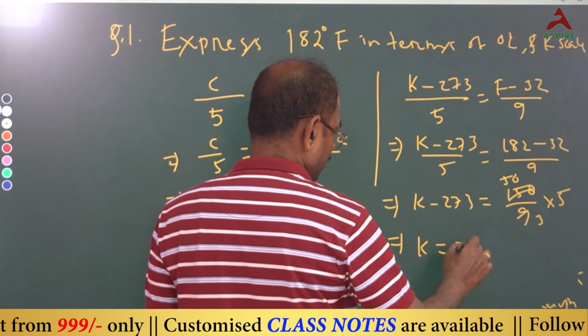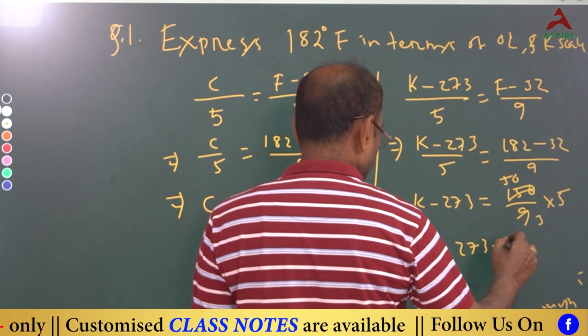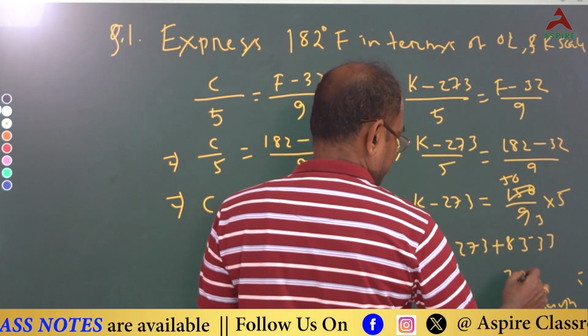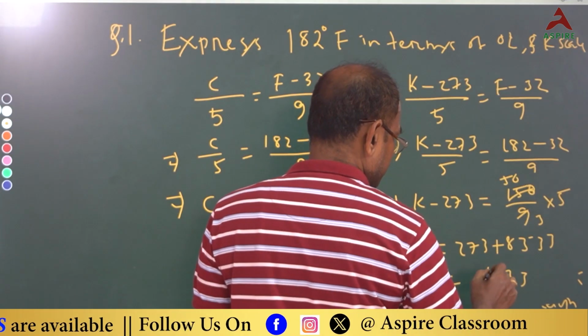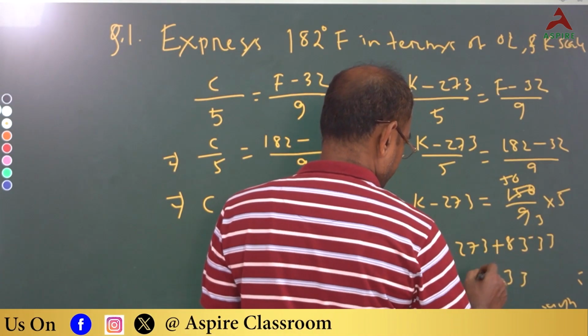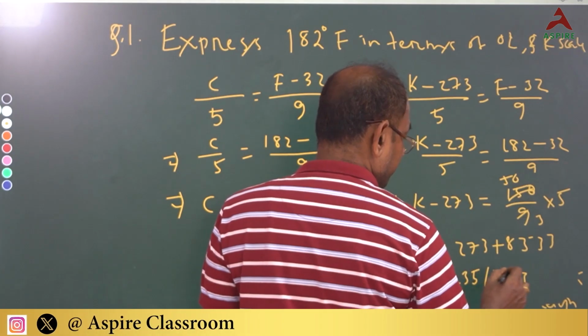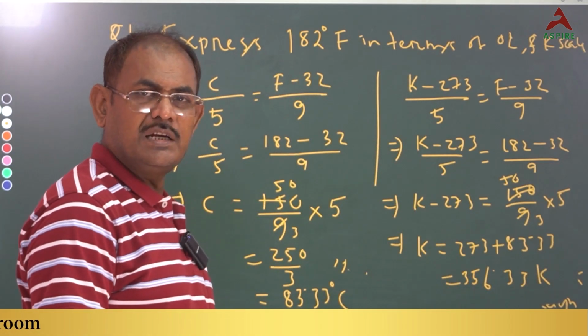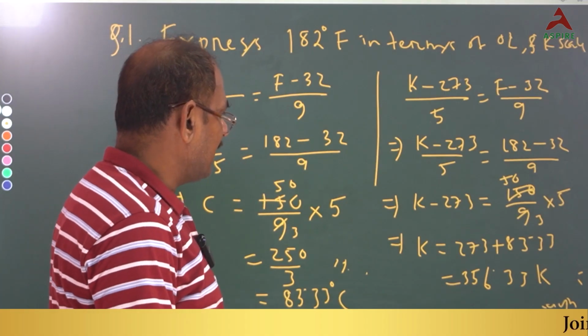Then K equals 273 plus 83.33, which is 356.33 Kelvin. Is that clear? This is in terms of the Kelvin scale.